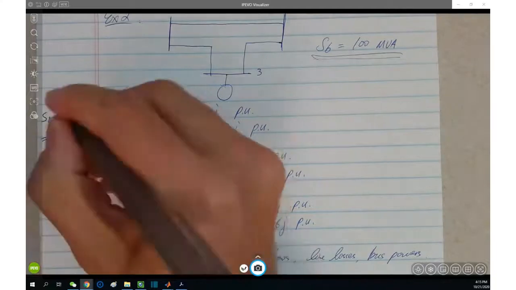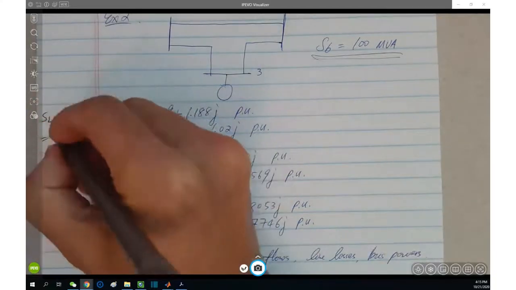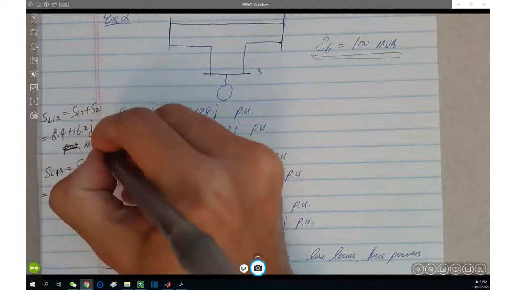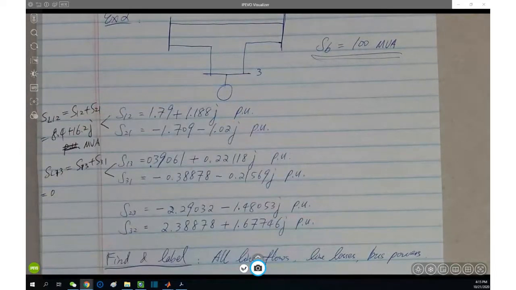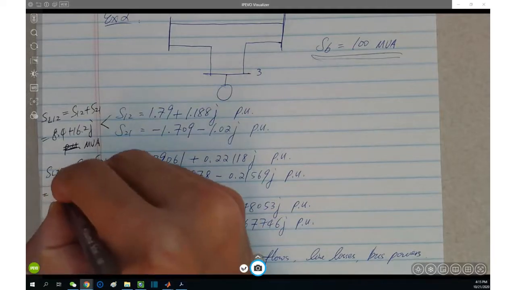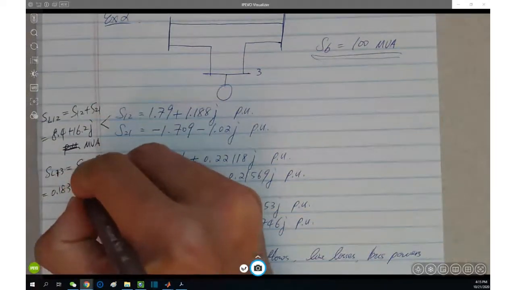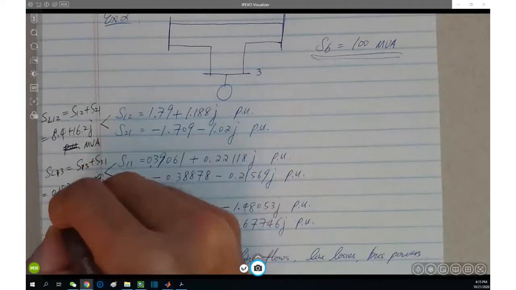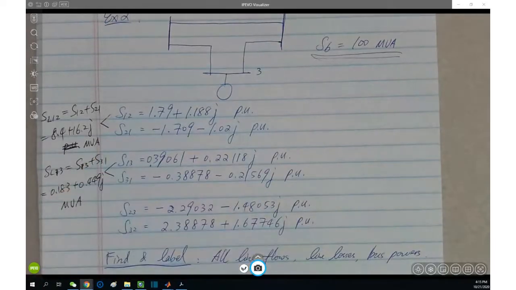I'm sorry, this result is actually converted to the SI unit. This 8.4 and 16.2 are already in SI unit. I already multiplied by 100, which is the base power. So this is the line loss. This is also in SI unit, 0.8183 plus 0.449j.